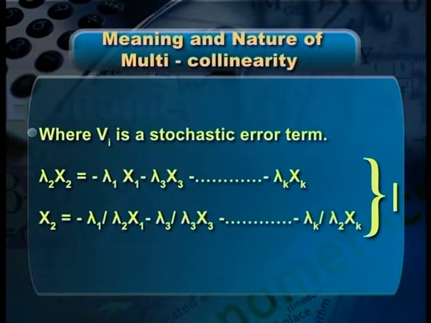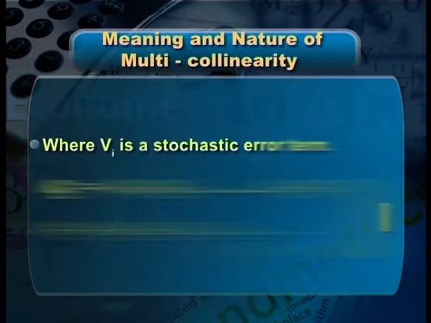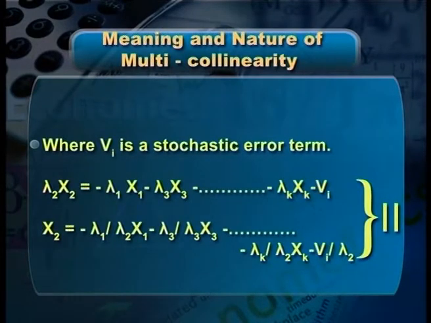Then this can be written as x2 is equal to minus lambda 1 divided by lambda 2 x1 minus lambda 3 divided by lambda 2 x3 minus and so on minus lambda k divided by lambda 2 xk. This is case 1. But in case 2, lambda 2 x2 is equal to minus lambda 1 x1 minus lambda 3 x3 minus and so on minus lambda k xk minus vi.